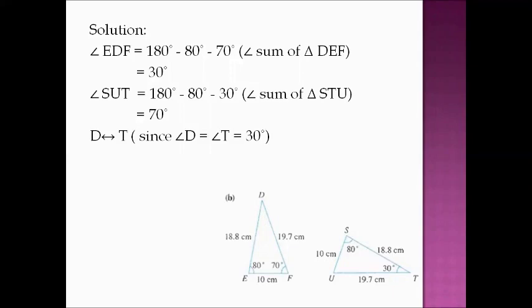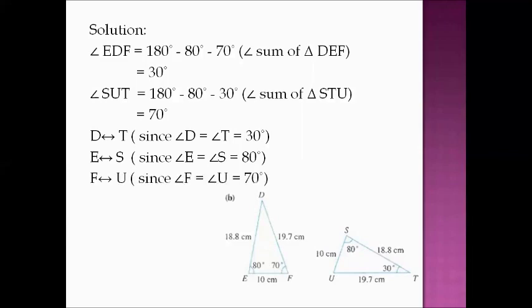Now coming towards the corresponding angles, as D corresponds to T, angle D is equal to angle T, that is 30 degrees, and E corresponds to S, so angle E is equal to angle S, that is 80 degrees. And the third one is F corresponds to U, so angle F is equal to angle U, that is 70 degrees.